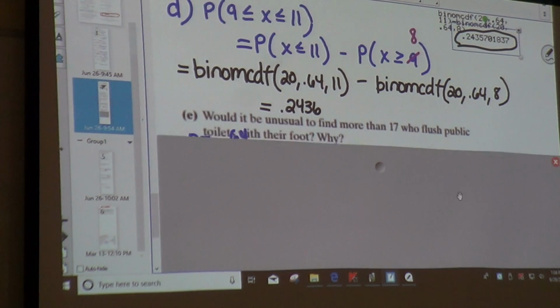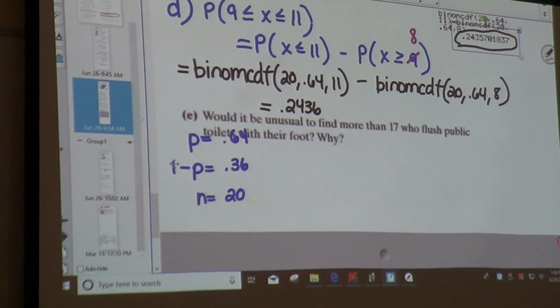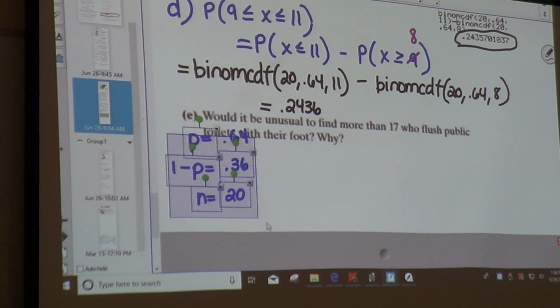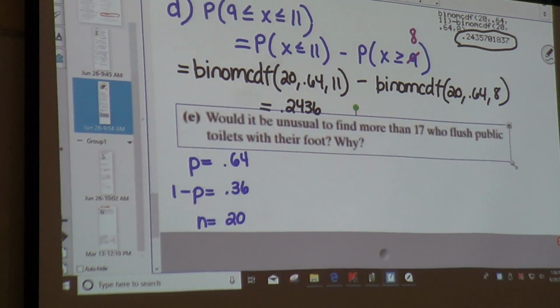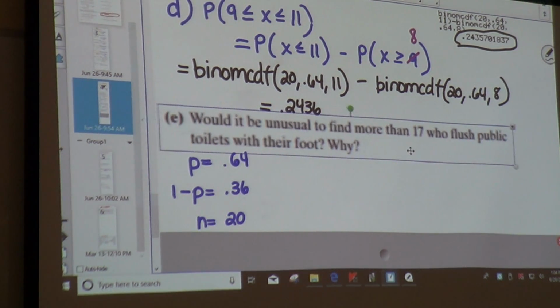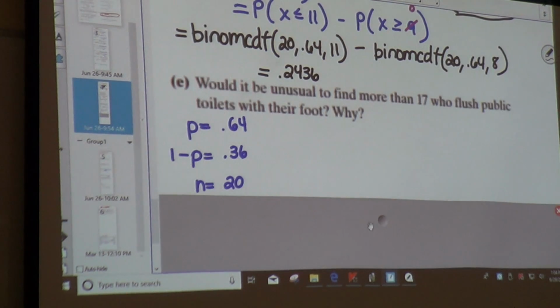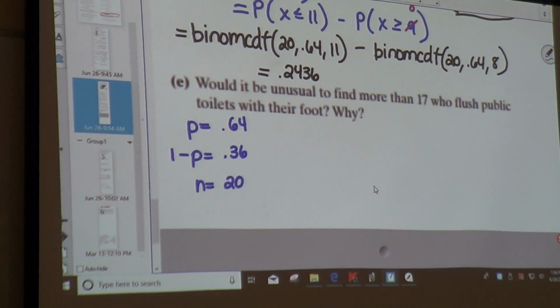All right, let's look at the next one. Would it be unusual to find more than 17 who flush public toilets with their feet?